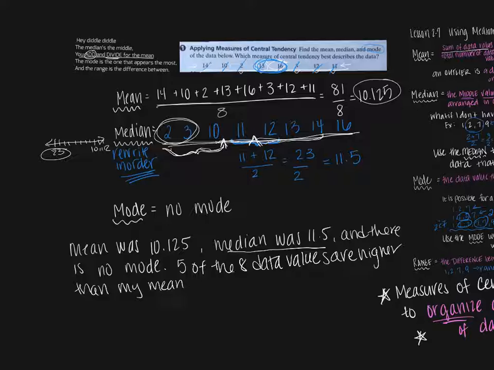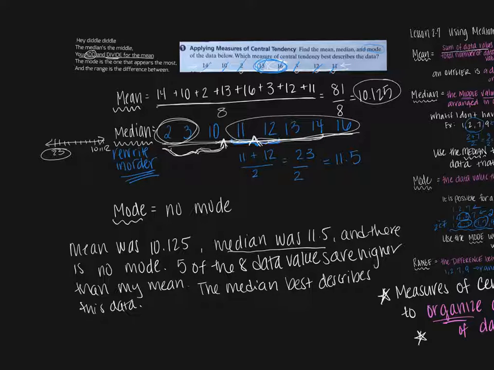I think in this situation the median best describes this data. It gives a more accurate representation of where my data is. Because more of my data points were higher than my mean, the mean is not a good indication. You might want to write that down. If I have more data points that are higher than my mean or my average, then my average is not a good indicator. In this situation, use median instead of mean.